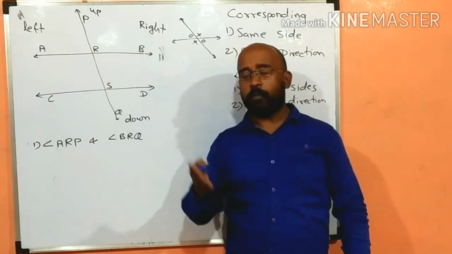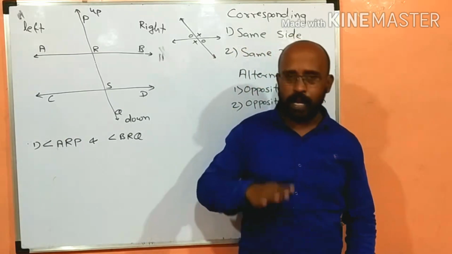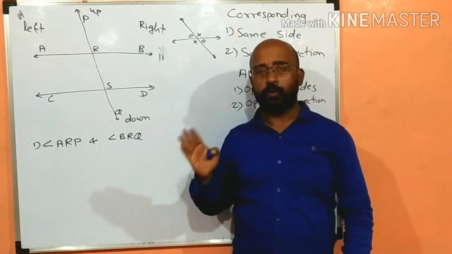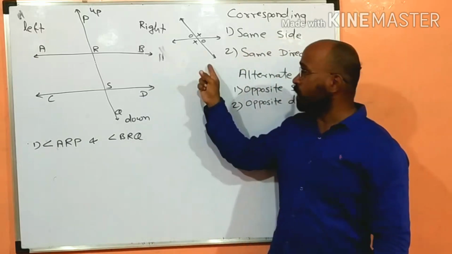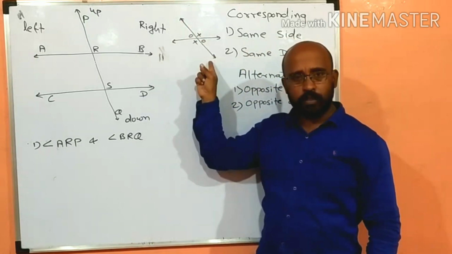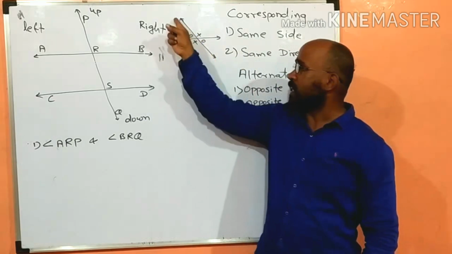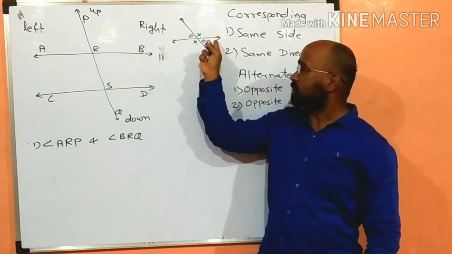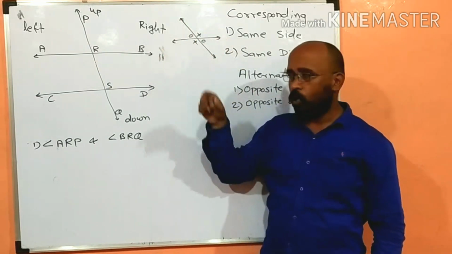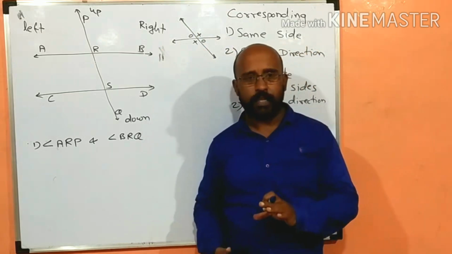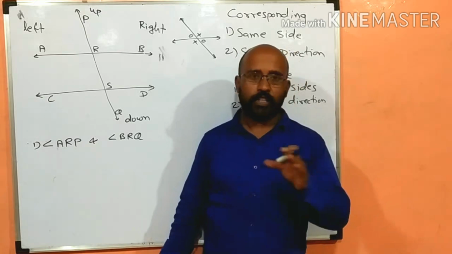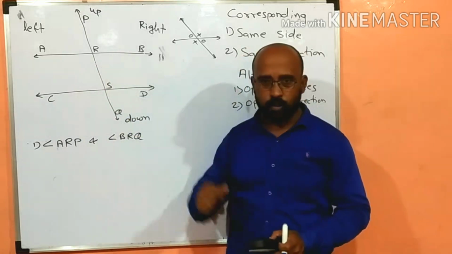The concept of alternate angles and corresponding angles comes into existence whenever there is an introduction of a transversal. Now in this case, is there any transversal? No, because this line is intersecting only one line. This line is also intersecting only one line. So alternate angles and corresponding angles are always created whenever a transversal is there, but here a transversal is not there.